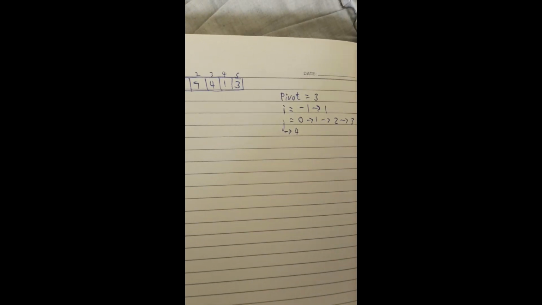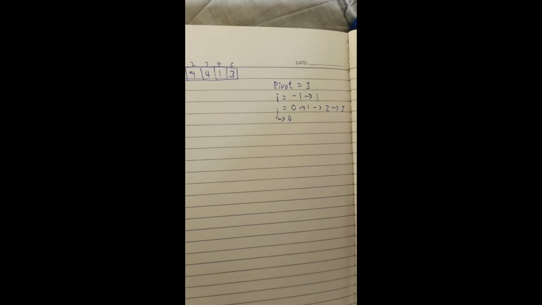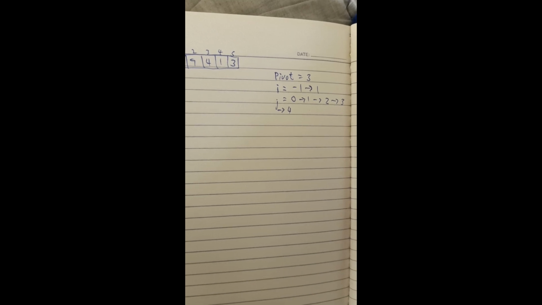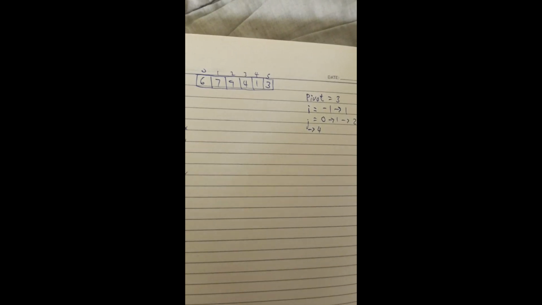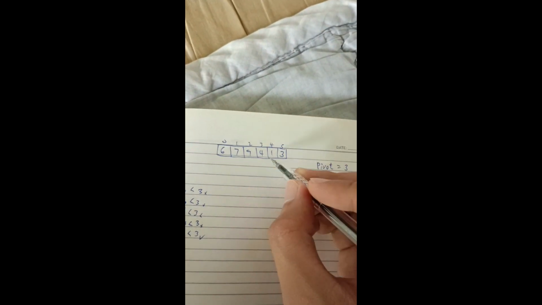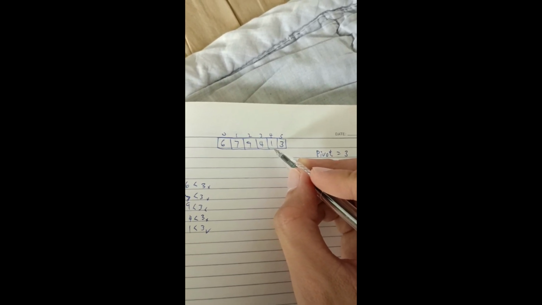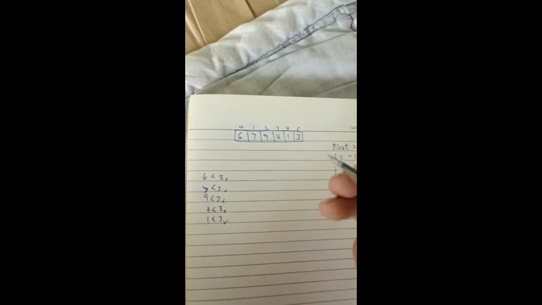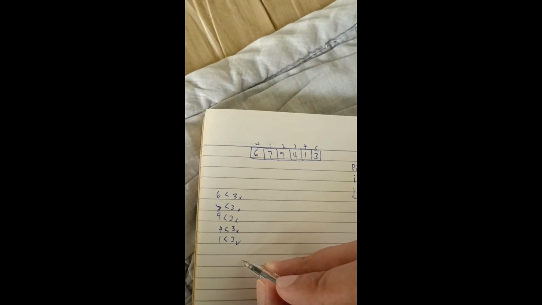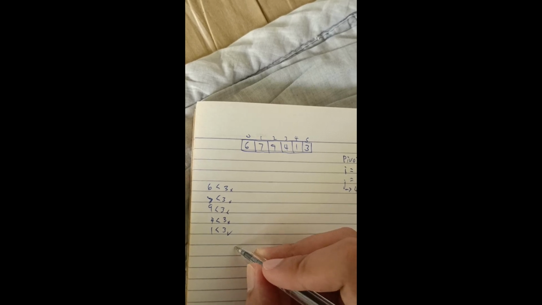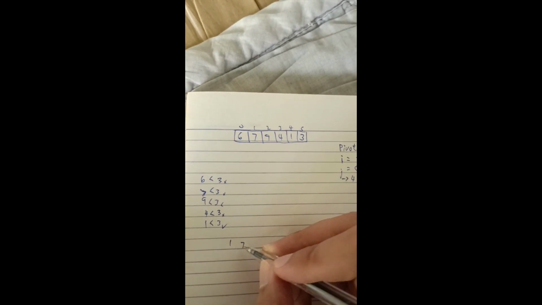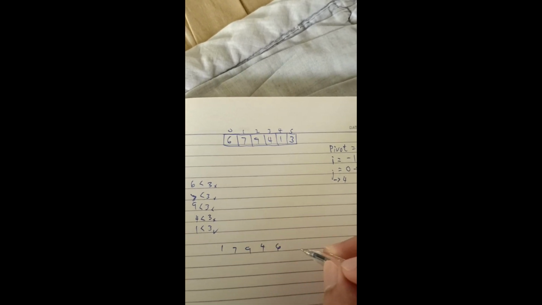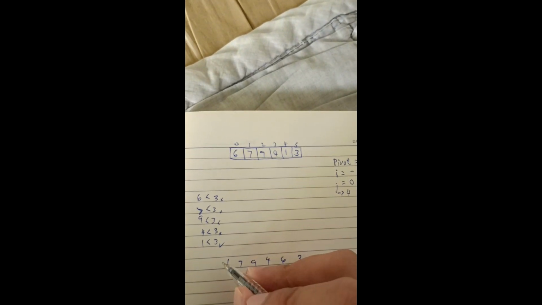Now that our j is equal to 4 and our i is equal to 0, it will swap the number at array index 0 with the number at array index 4, so our array will become 1, 7, 9, 4, 6, and 3.